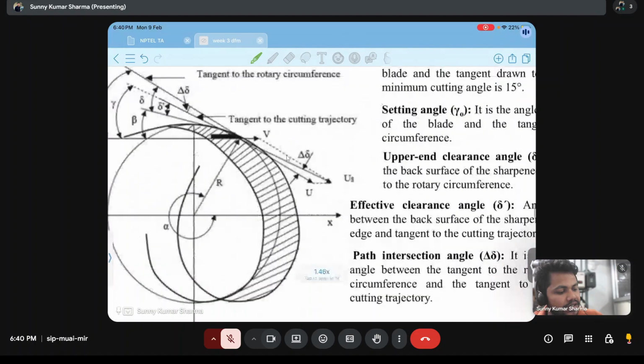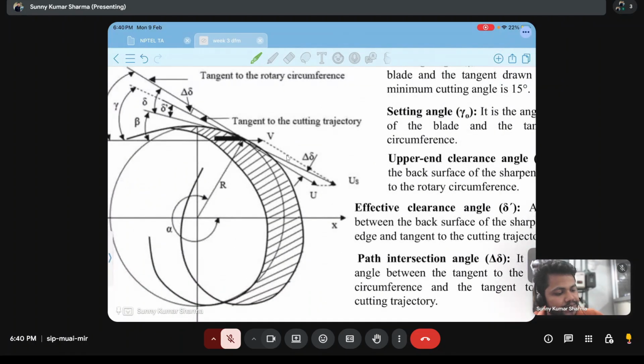Now there are two things here. One is the rotary circumference. One circle is this one, and that is the rotary circumference, and on that there is one trajectory. So that is the cutting trajectory.